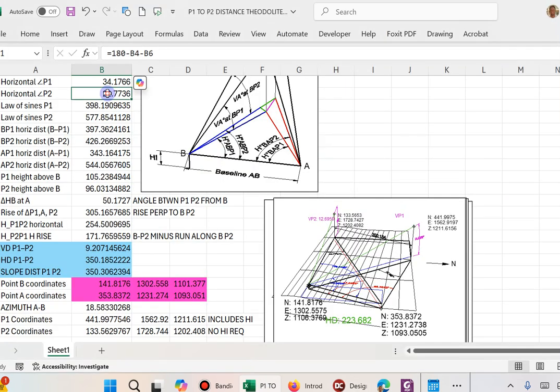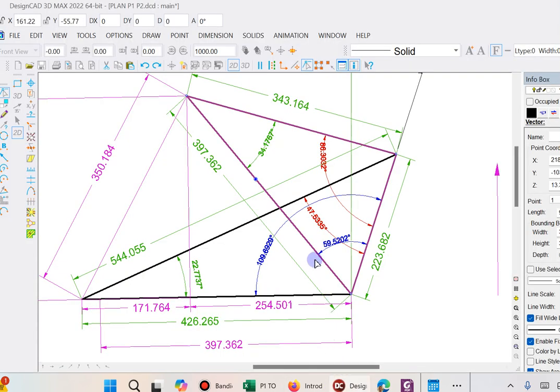And then, so the 34 and 22, and then using the law of sines, you're going to get 398.19. I'll show you how to get that. So go to Tools, Calculator.